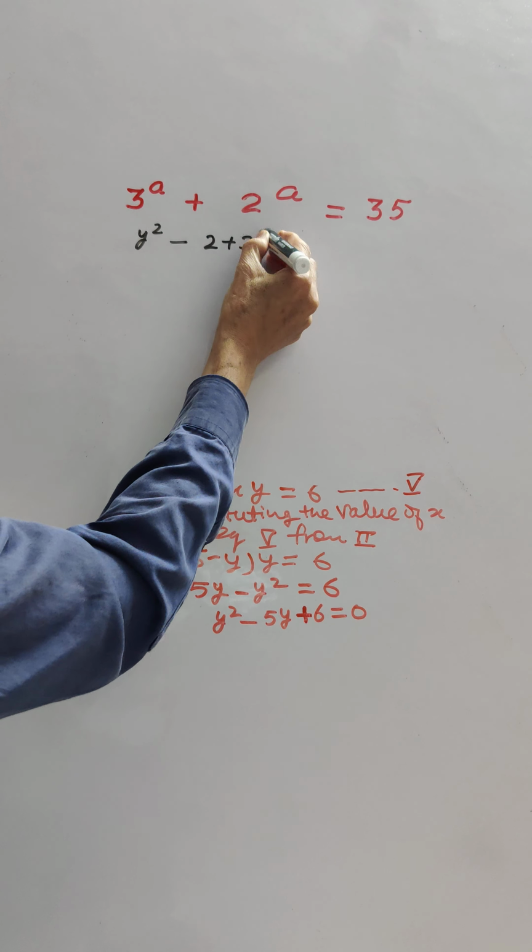Y plus 6 is equal to 0, or y square minus 2y minus 3y plus 6 is equal to 0.